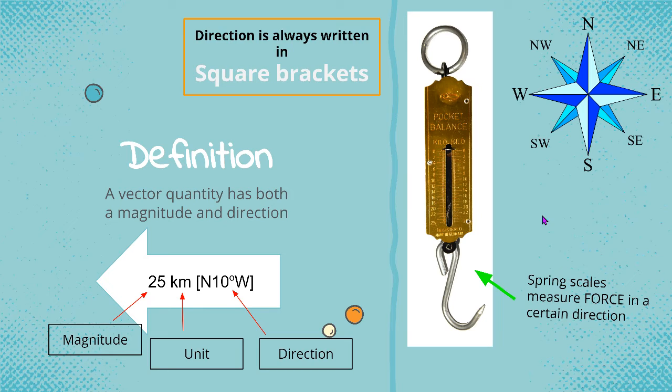But because there is direction, it is a vector quantity. You can write that on your handout. You see where the spring scale is located? The spring scale is on the left side of your paper.